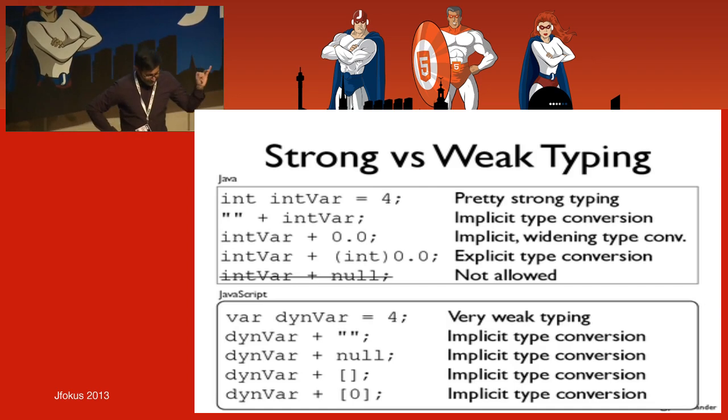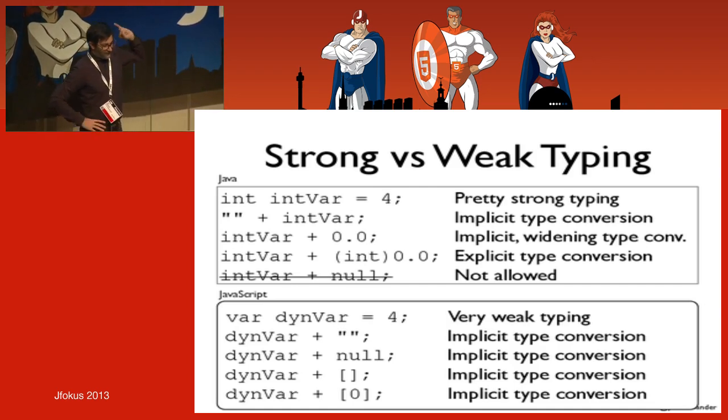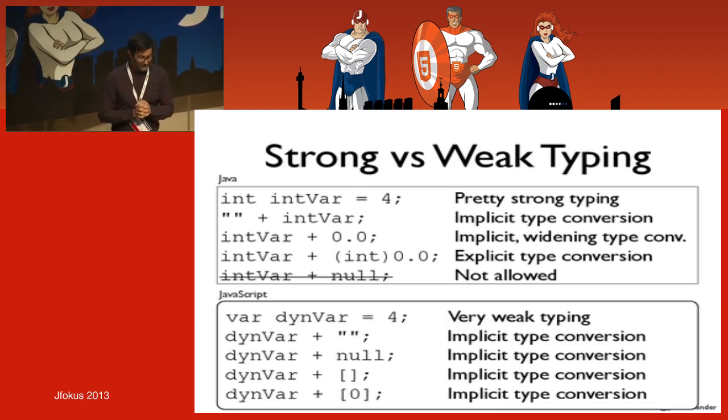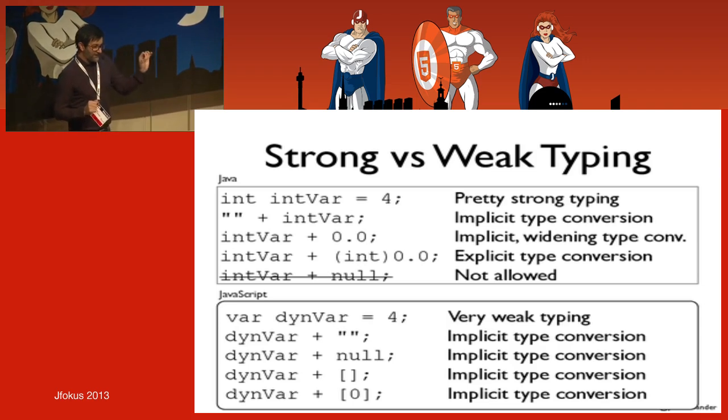Let's look at JavaScript. We can here declare a dyn var and assign it the value 4. And JavaScript is known to have a very weak typing system. Again, that doesn't mean very bad typing, it just means very weak. And weak in this case means that you can get type conversions implicitly almost all the time.